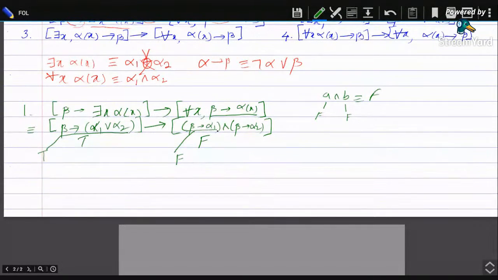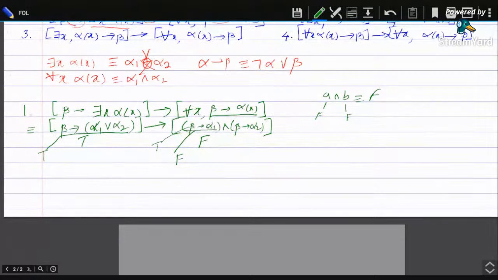What do you get? Beta implies alpha 1 is false. So if you want this to be false, you can simply assume that beta is true, and alpha 1 false.